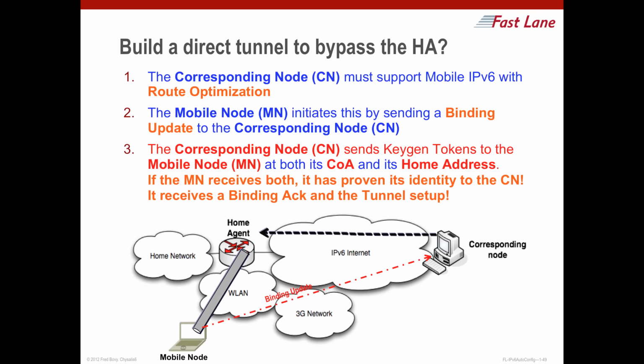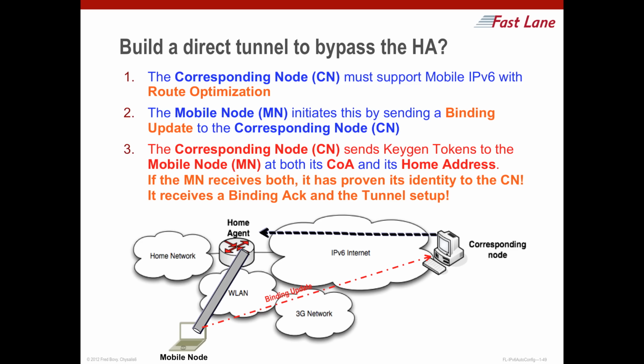So basically, how is the corresponding node checking that the mobile node is the mobile node and not somebody else? It sends some packets to the mobile node using both addresses, the care of address and the home address on the home network.